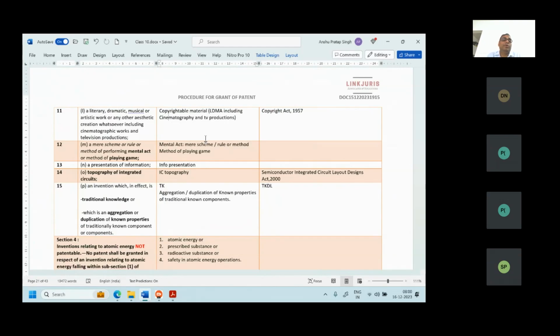Further, topography of ICs, that is, the layout design of semiconductor integrated circuits, is not patentable. Then it talks about traditional knowledge: traditional knowledge cannot be patented. Or if from a traditionally known component you have identified a few things and created an aggregation, the aggregation and duplication of known properties of a traditionally known compound will not be patented.